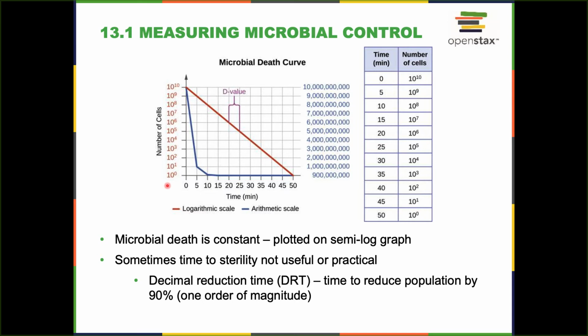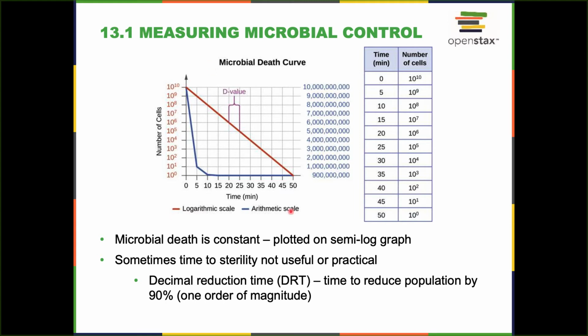For those of you not super comfortable with exponents, remember 10 to the 0 means a 1 with 0 zeros, so basically 1. This here is a 1 with 1 zero, so that's 10. A 1 with 2 zeros, that's 100, 1,000, 10,000, 100,000, etc.